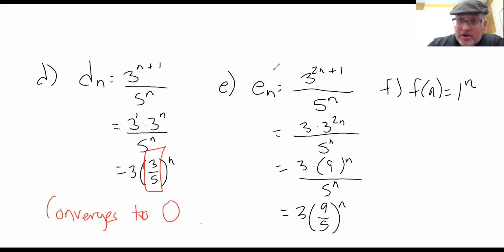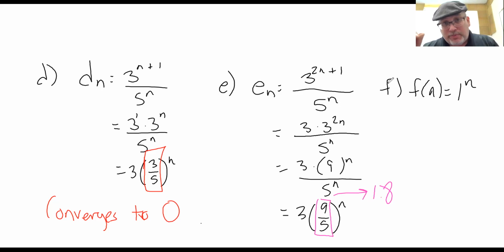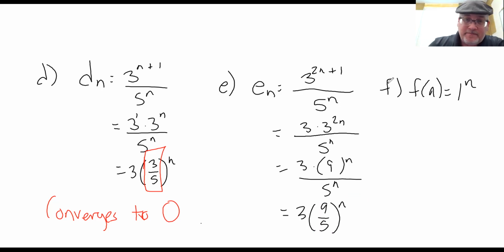So same thing here. This 9/5 being 1.8 as a decimal, when I multiply by 1.8, things get larger. So the more I multiply, the larger the number gets. This is going to diverge to infinity. Excuse me. Diverge to infinity. That says diverge, I promise you it does.